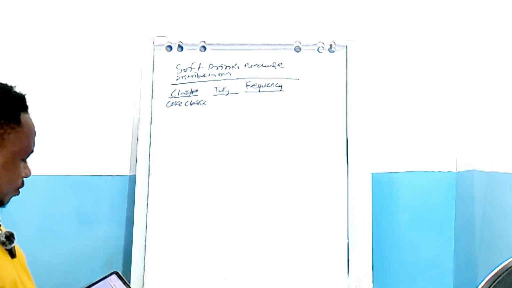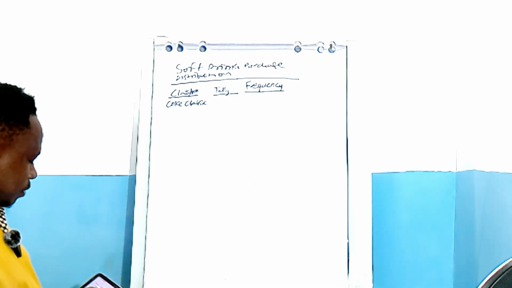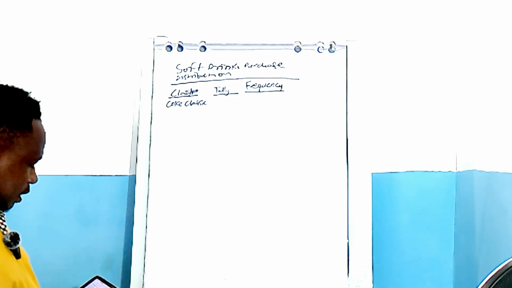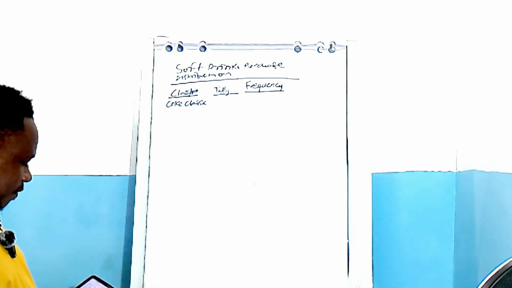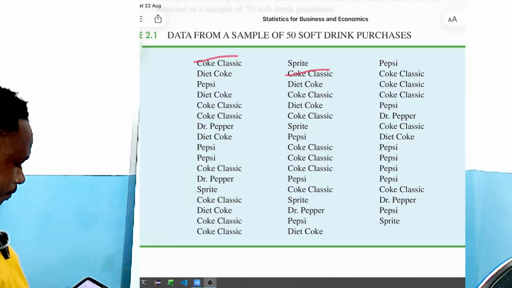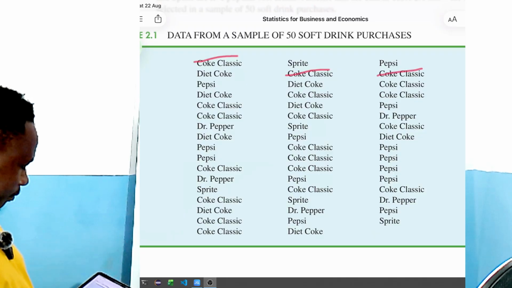From our table, our first Coke Classic is this 1, 2, 3, 4, 5, 6, 7, 8, 9, 10, 11, 12, 13, 14, 15, 16, 17, 18, 19.